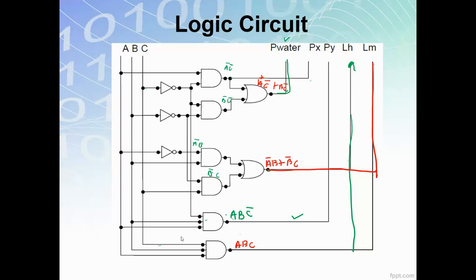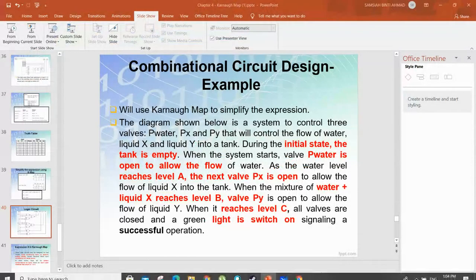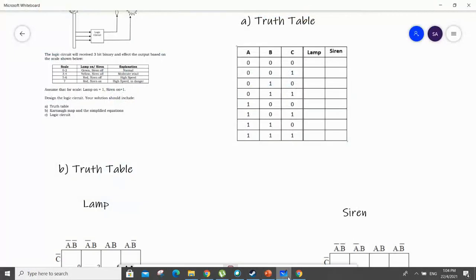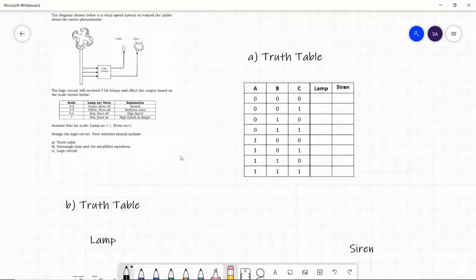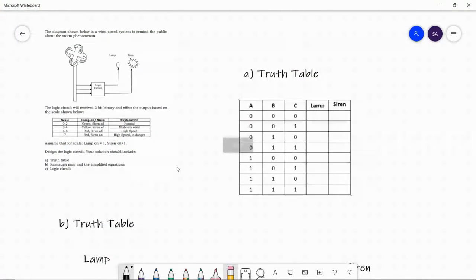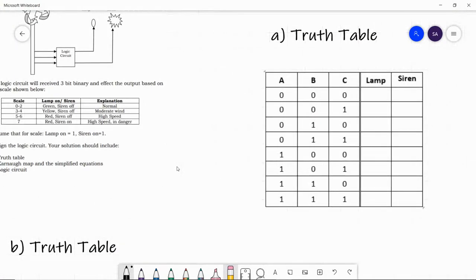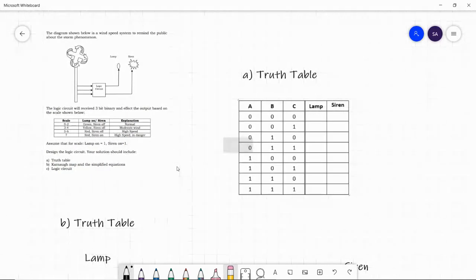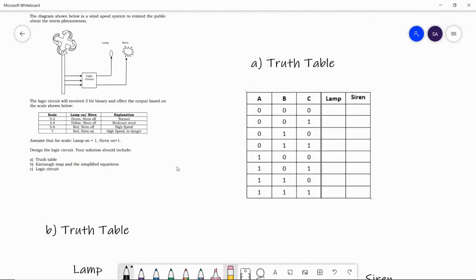Alright. Now we go to another example of case studies using truth table and K-map. So here we do the example together so that you can see. The diagram shows below is a wind speed system, to remind the public about the storm phenomenon.